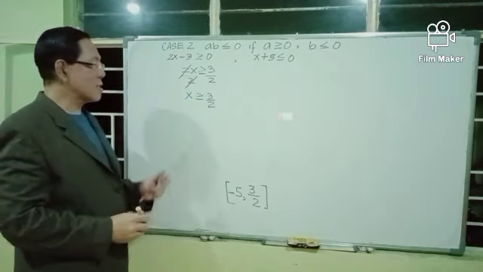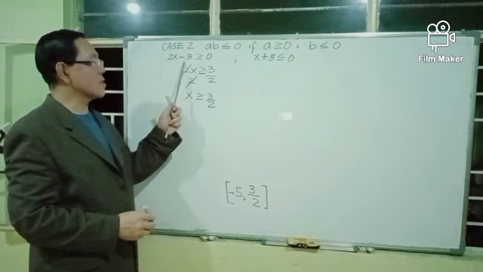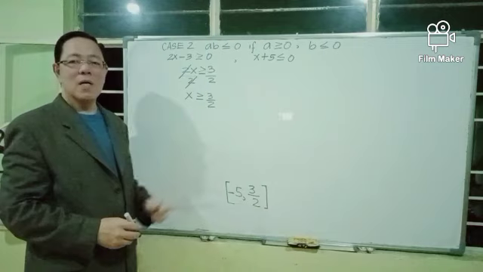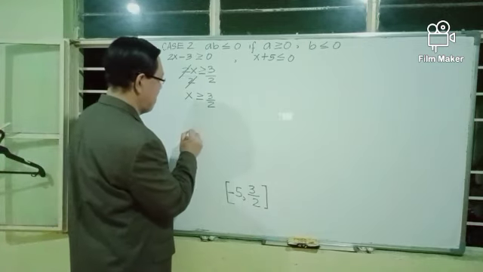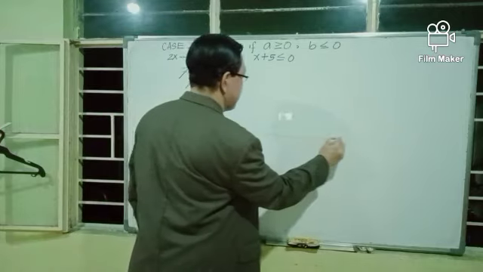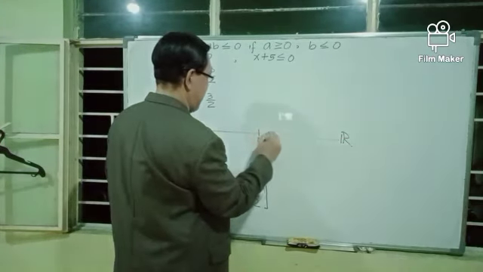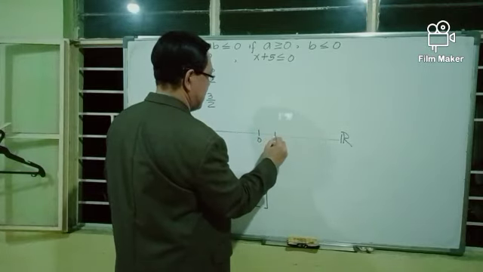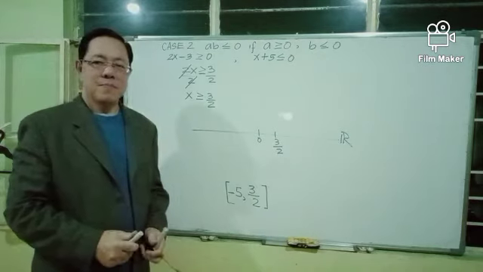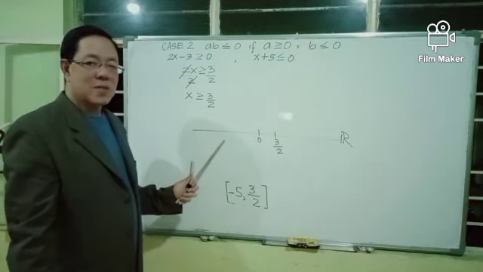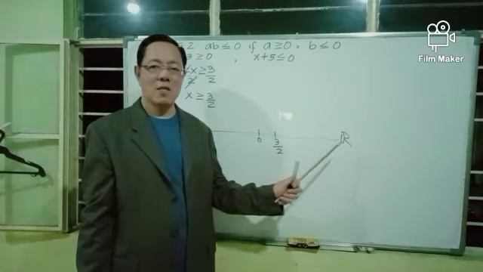And we represent the solution of this linear inequality, 2x minus 3 greater than or equal to 0, in a diagram. Our diagram is a one-dimensional space that consists of the real line.